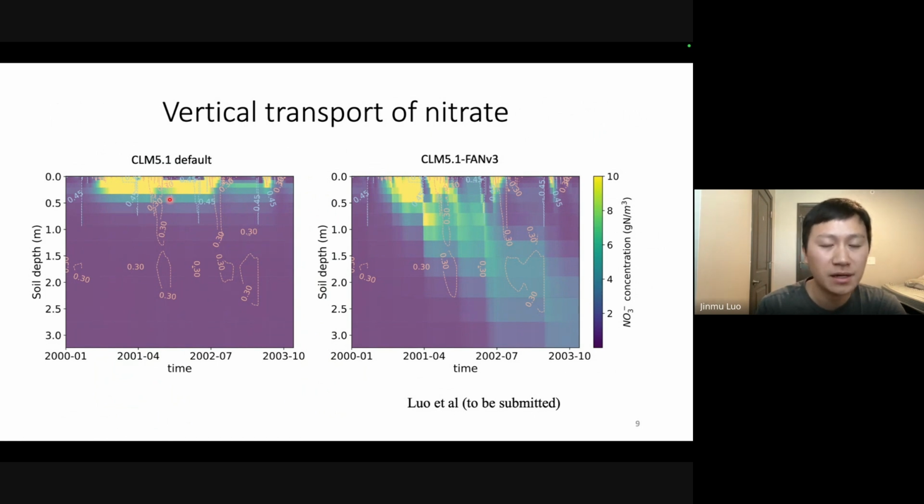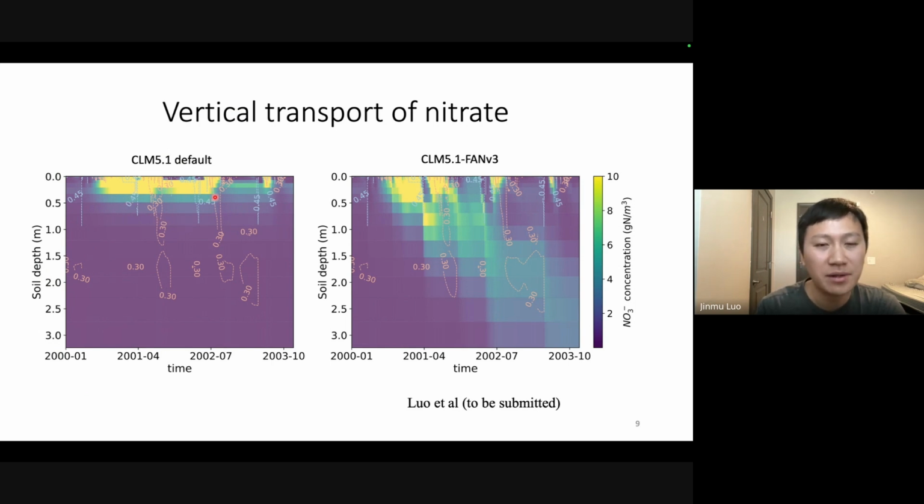The left panel: the x-axis is time, and the y-axis is the soil depth. It starts from 0 to 3 meters depth. The yellow colors are the nitrogen concentration. As you can see, in the CLM 5.1 default, the nitrogen doesn't move with time.